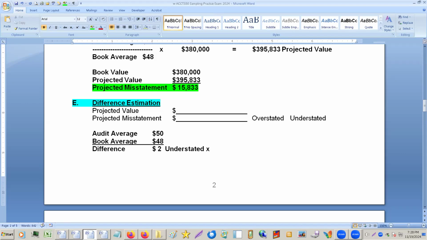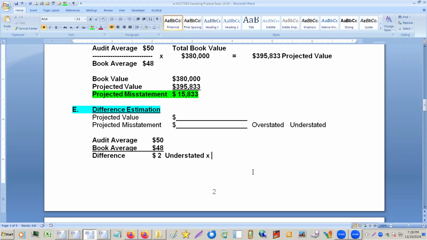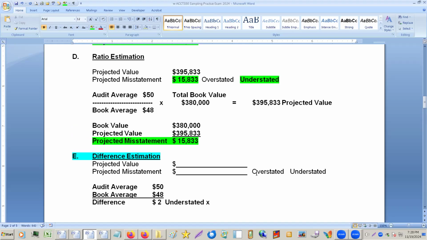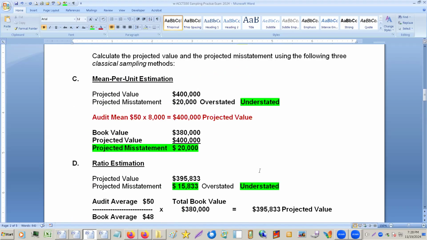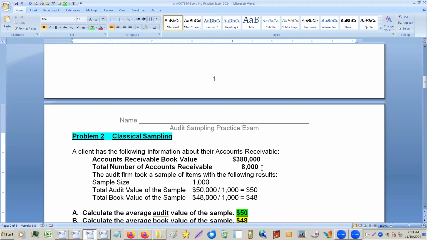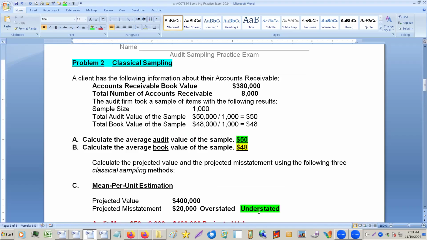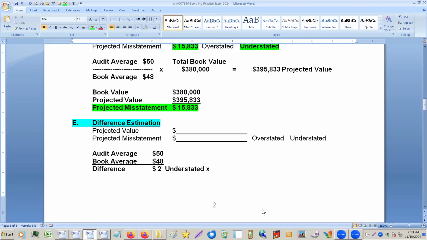So we're going to say, okay, everything in the sample. And this difference estimation is when everything is off by the same amount. 8,000. So we're saying that all 8,000 items in the total population are off by $2. So what is that? 16,000.